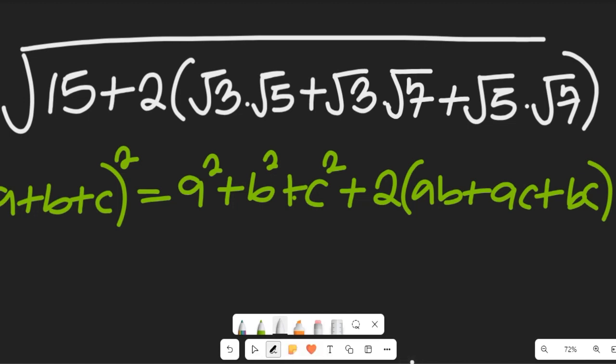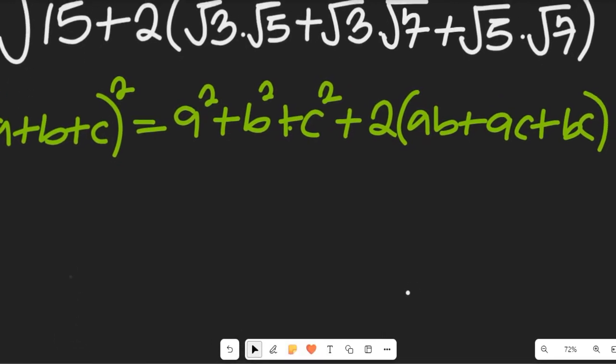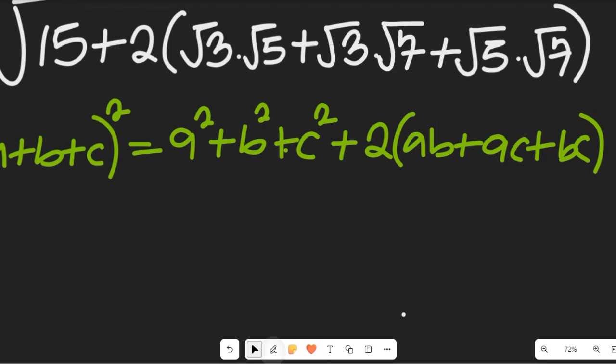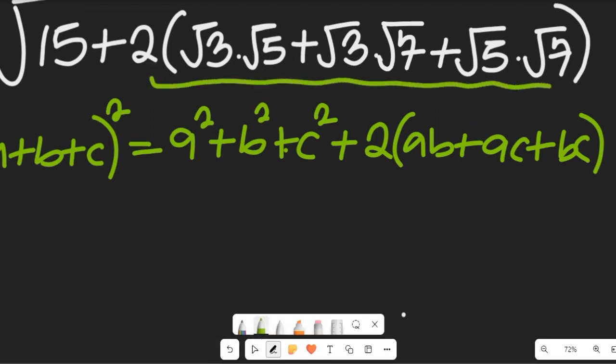Now if you look at this and compare it with that expression, since we have 2 here, this whole expression is just similar to this whole expression.